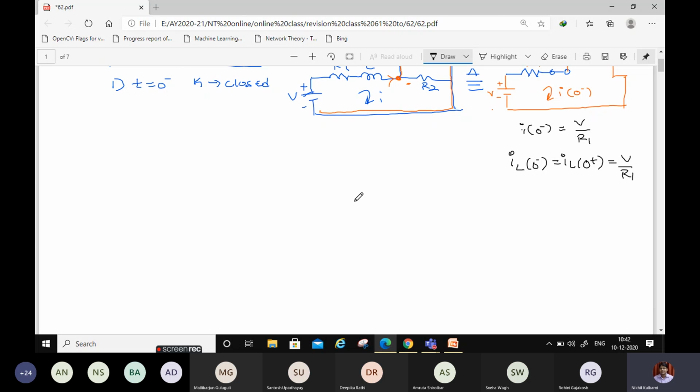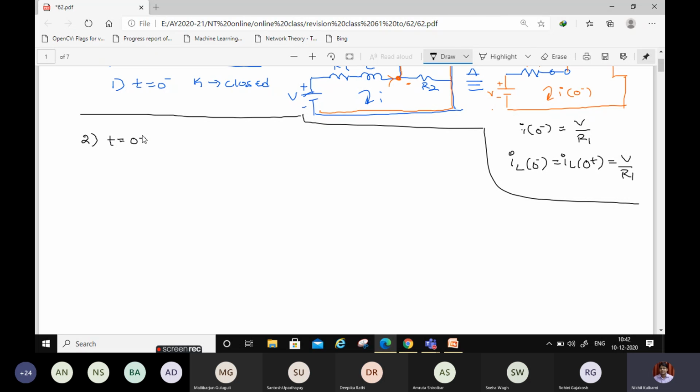Now the second condition is when t is greater than or equal to 0, or we can say 0 plus. Here we can bring back our inductor into consideration, right?